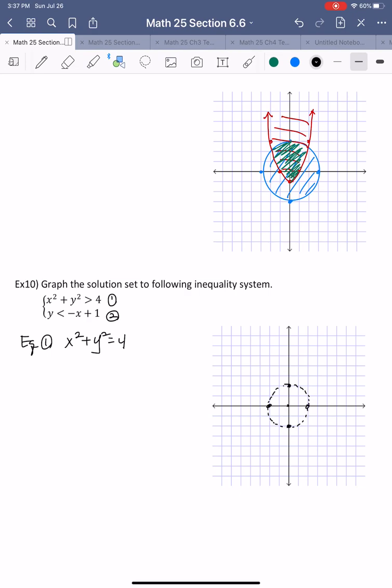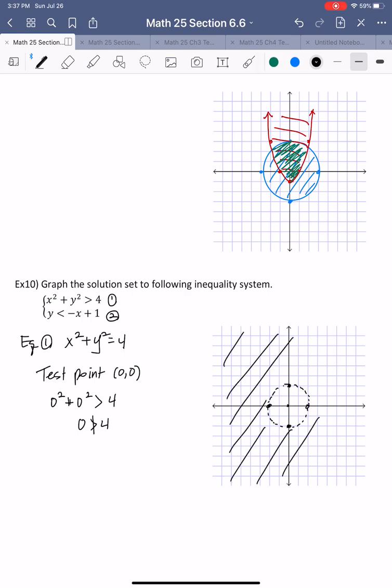If I use the test point 0, 0: 0 squared plus 0 squared greater than 4, so 0 is greater than 4, which is not true. So you have to shade outside of the circle, any place outside of the circle. So this is the solution set.